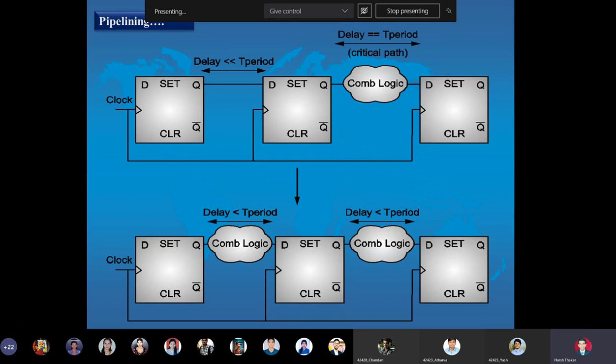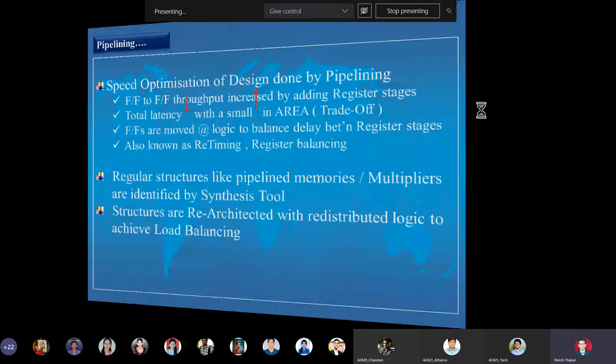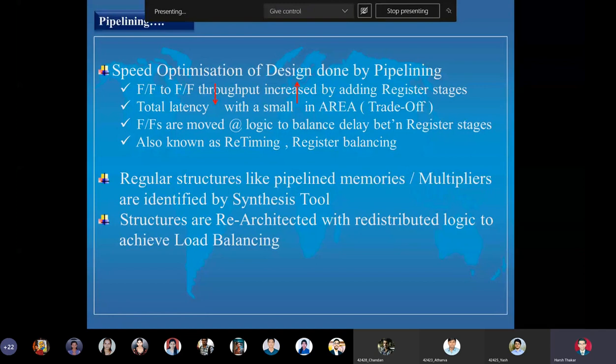In the world of microprocessors, we usually don't call a flop a flop, but a 1-bit register, right? So in front of us we have what is called a 3-bit memory or a 3-bit register, which is cascading between 3 1-bit registers. So I have written a point here that total latency is reduced with a small increase in area. Why area?